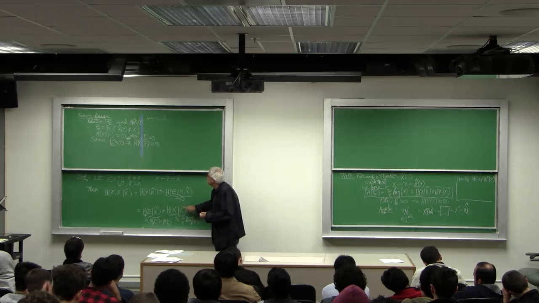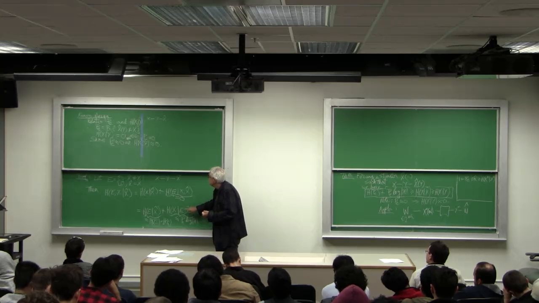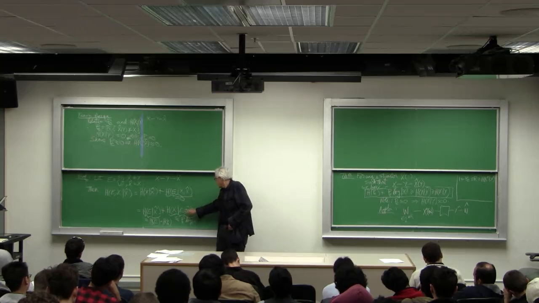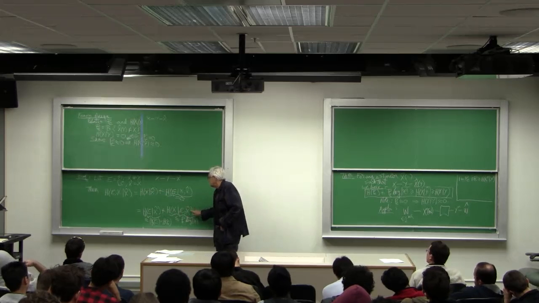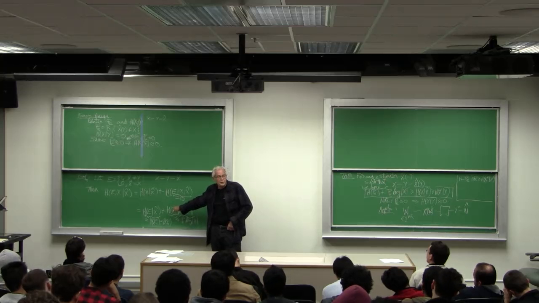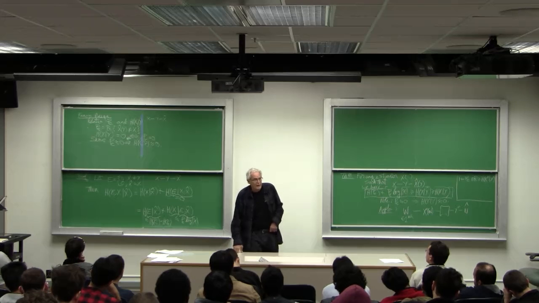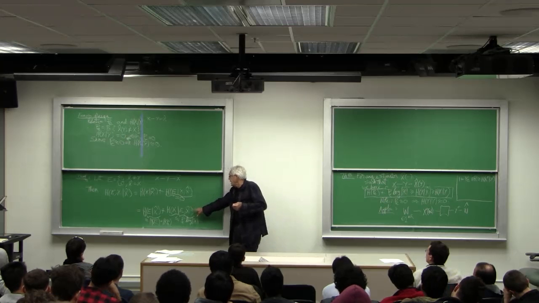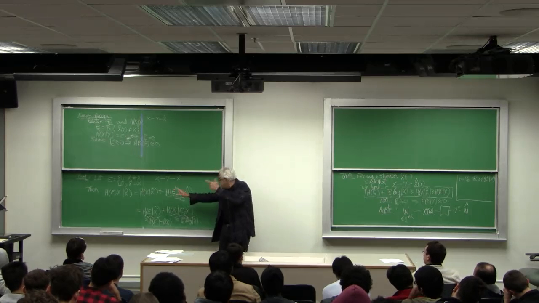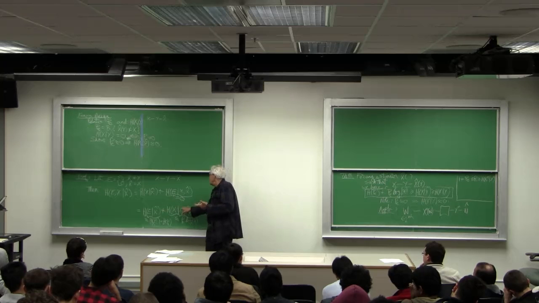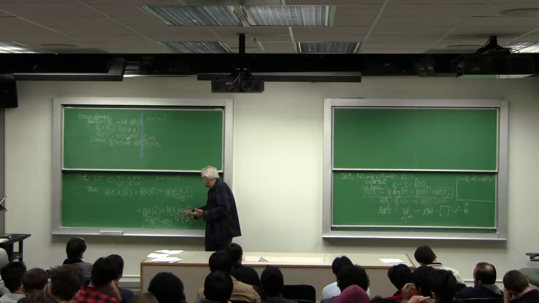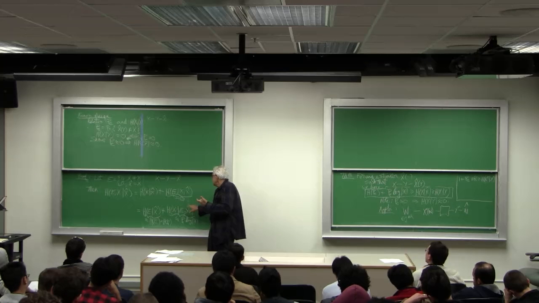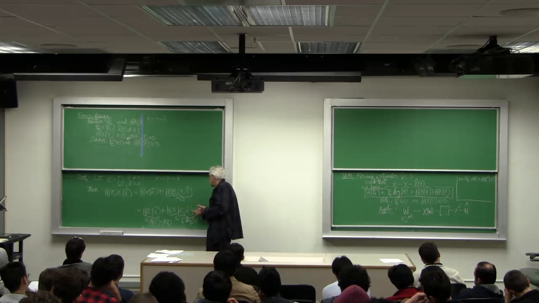Well, if E equals 0, then I haven't made an error, and thus, if I haven't made an error and I know X hat, I now know X. So the conditional entropy of X given that E equals 0 and knowledge of X hat is 0. Plus the probability that E is not 0, that is, that E is 1, times the entropy of X given E equals 1 and X hat.